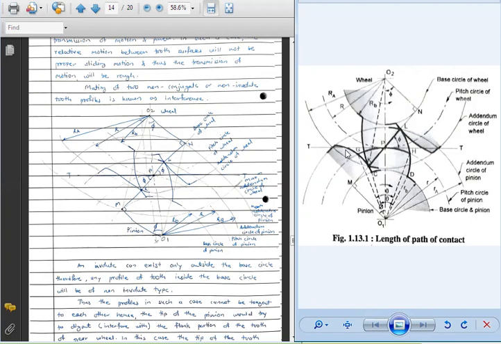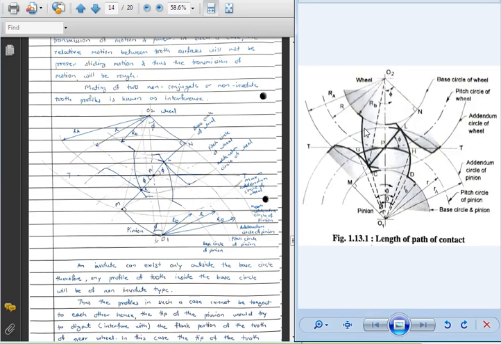In the second case, if the addendum radius of the pinion is greater than O1 to N, then this pinion gear tip will interfere in the gear tooth profile of the wheel.